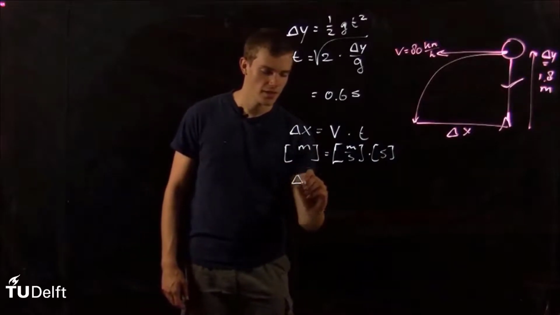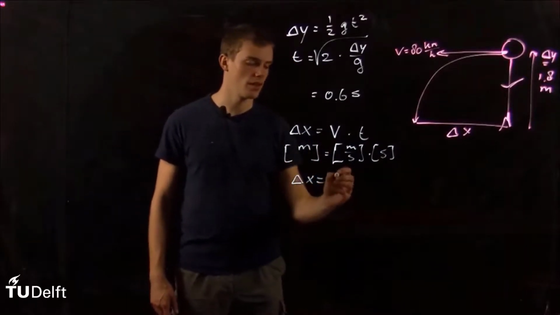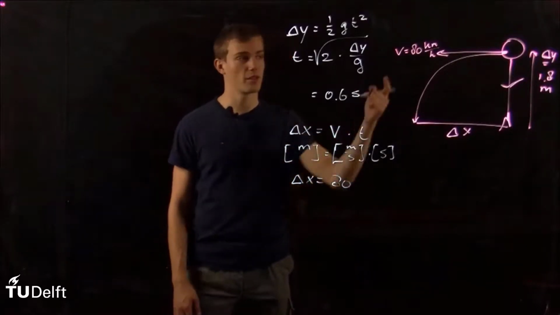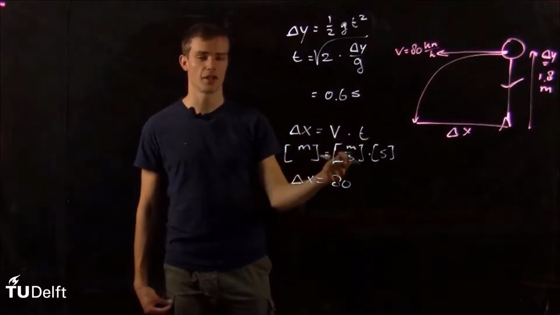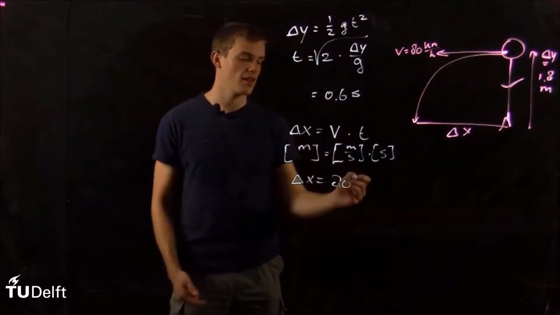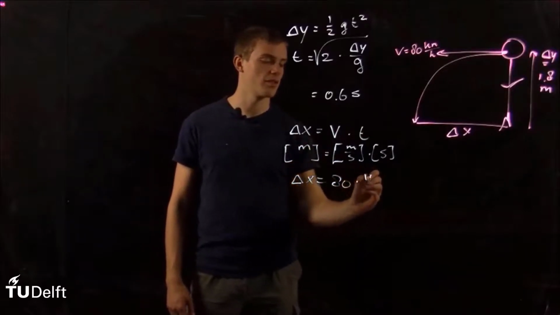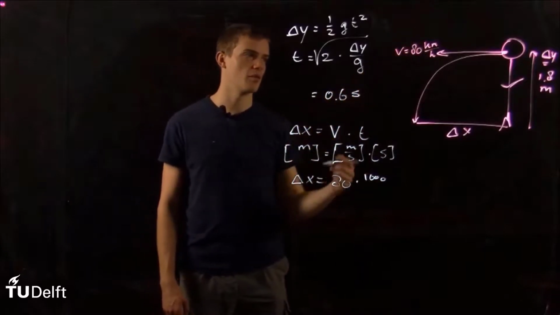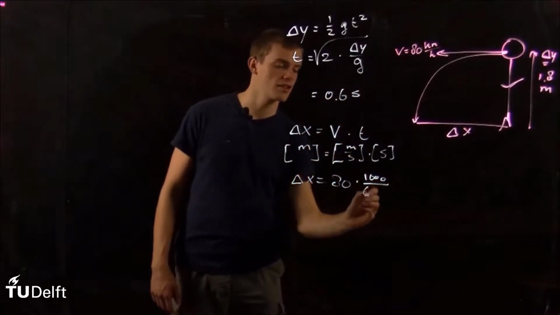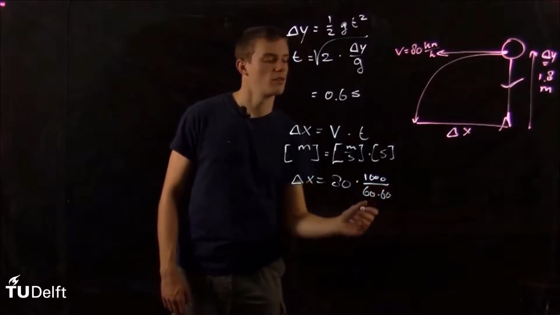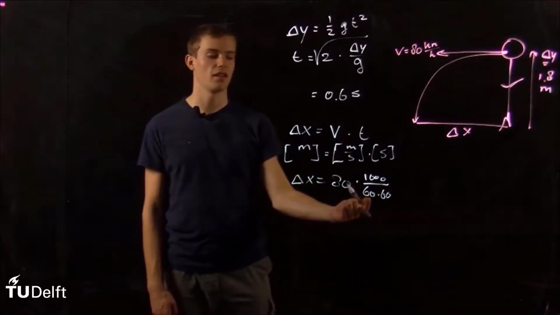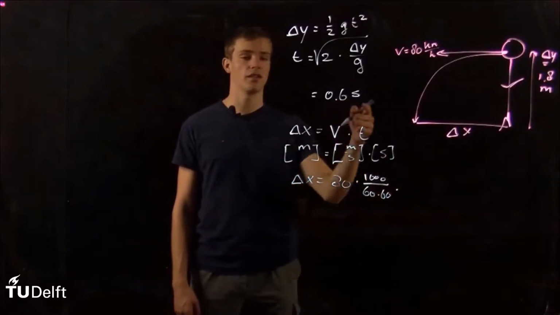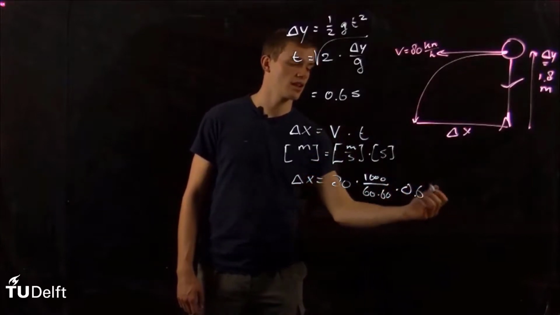So delta x is equal to the velocity we have initially, which is 80 kilometers per hour. But because it's kilometers per hour and we need meters per second, we have to convert it. So we multiply by 1,000 meters per kilometer, divided by 60 times 60, which is the number of seconds in a minute and the number of minutes in an hour, times the time we have calculated here, which is 0.6 seconds.